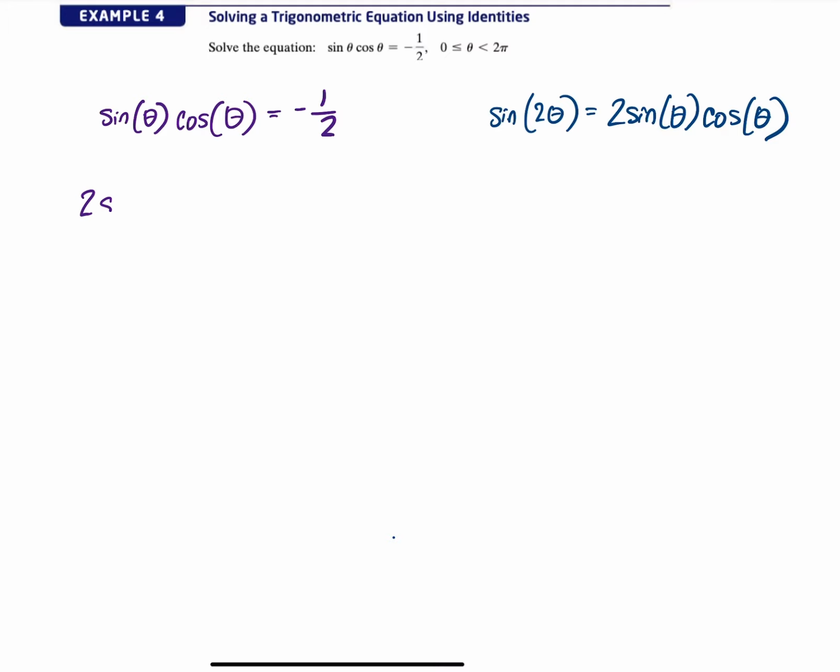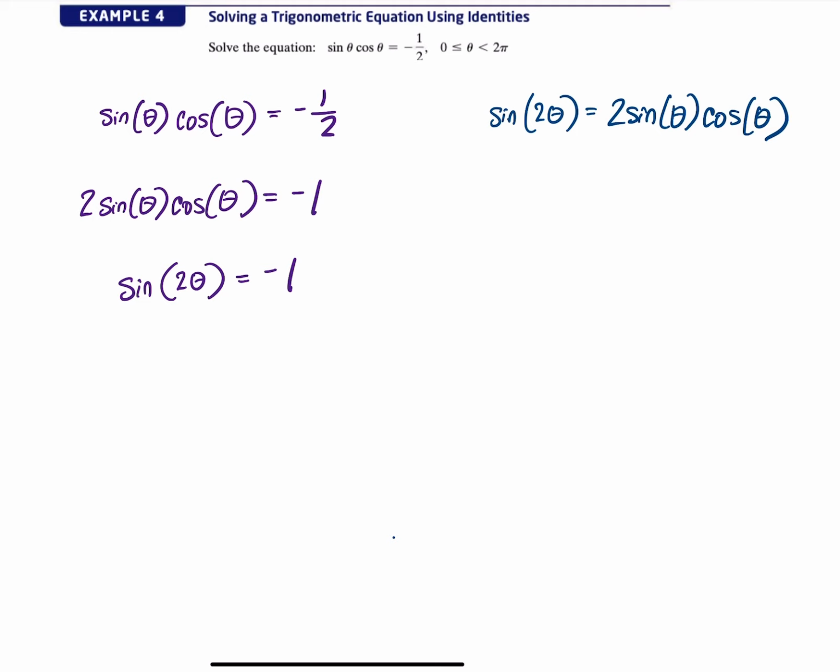This becomes 2 sine theta cosine theta equals -1. And 2 sine theta cosine theta we can rewrite as sine of 2 theta. So sine of 2 theta equals -1.